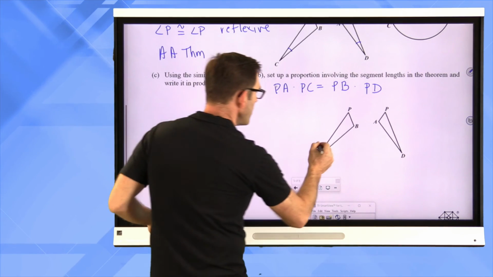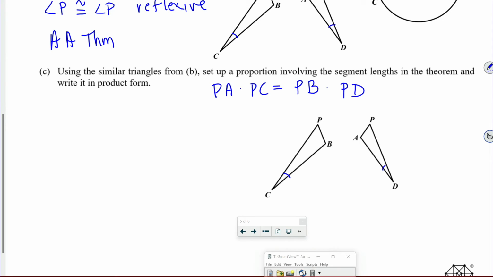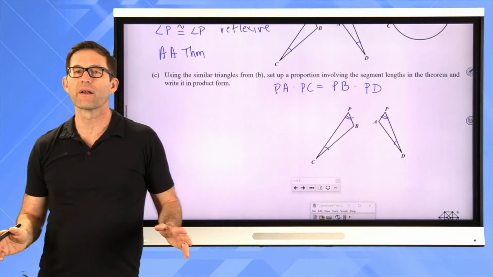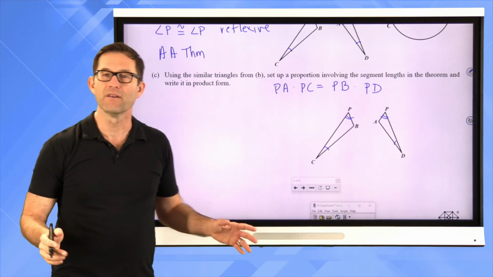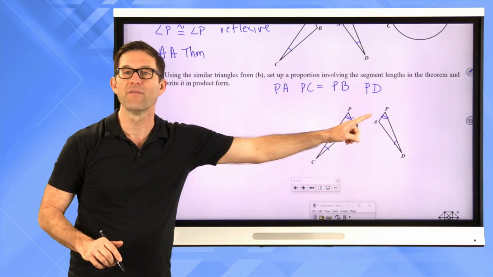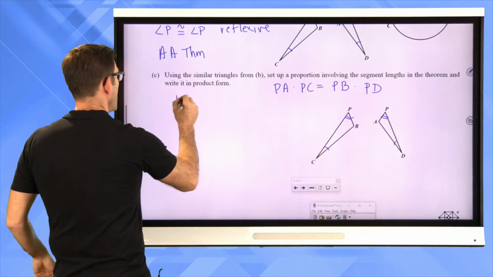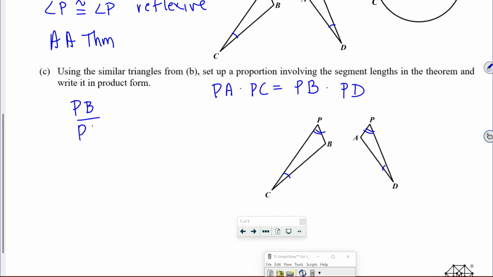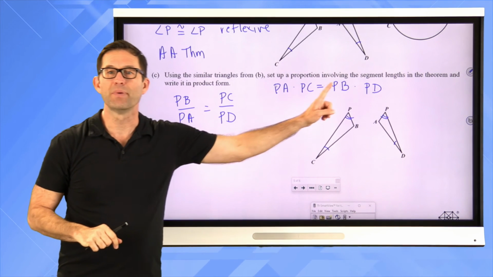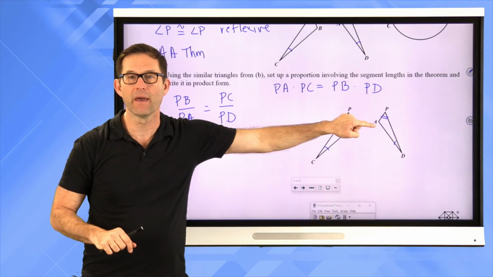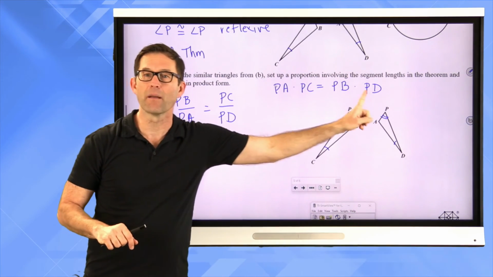Now, what I know is that this angle is congruent to that angle, and this angle is congruent to that angle. So I know those two triangles are similar. So the first thing I can do is say PB divided by PA is equal to PC divided by PD.